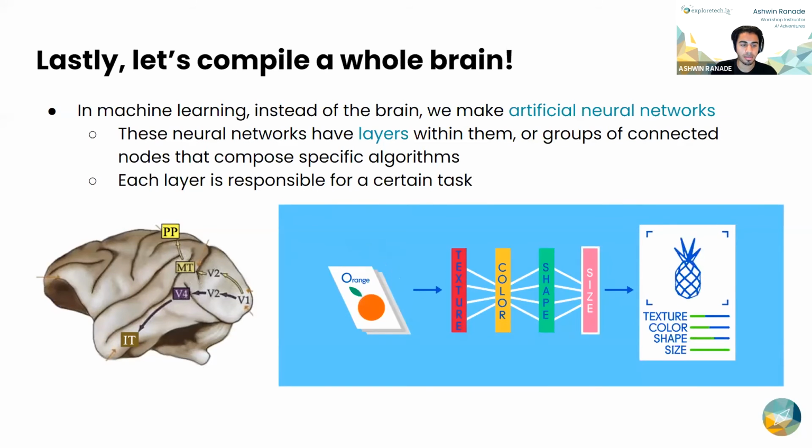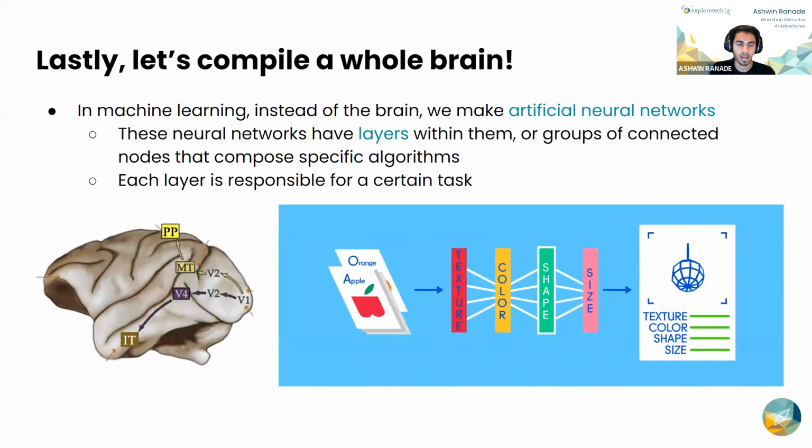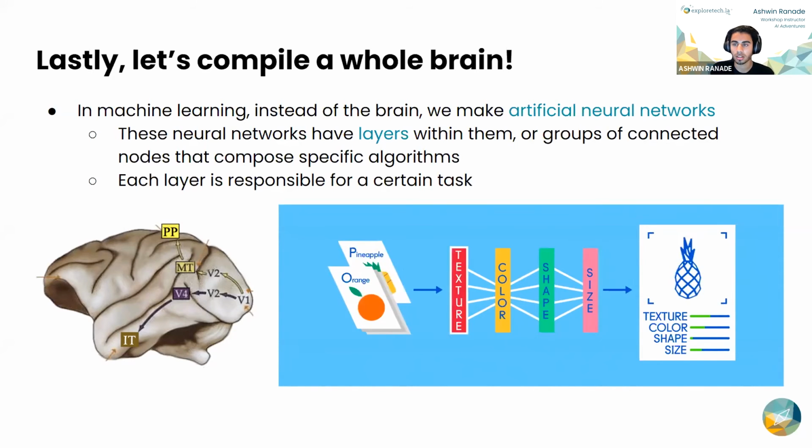In this image, we're using an artificial neural network to look at a bunch of pictures and figure out which they are. There's one layer focused on the texture, one layer focused on the color. In reality, each of these layers is made up of neurons, and then we combine all the layers together. So we can classify something using all 4 properties.